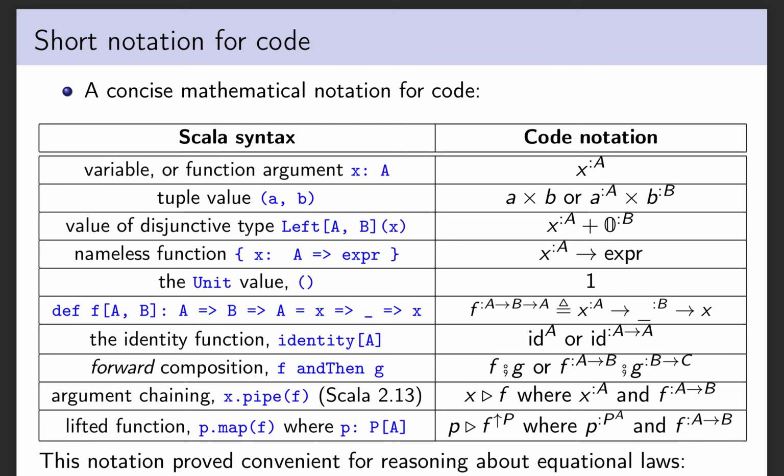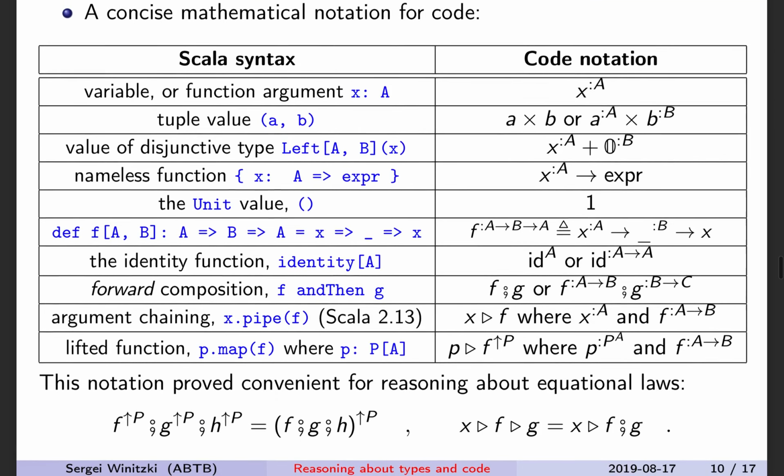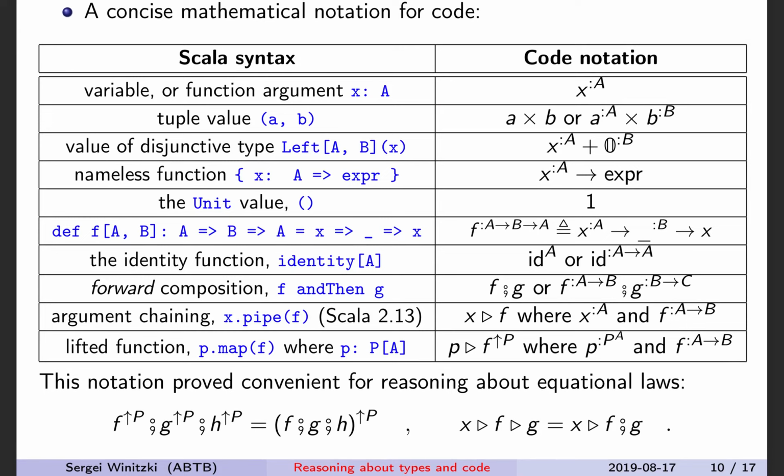So, as a result, I can reason about equational laws, about equations, much more easily. I have much less to write, and it's much more visually clear what things can be combined. For example, I use the triangle, which some programming languages actually have, which substitutes the argument on the left into the function on the right.